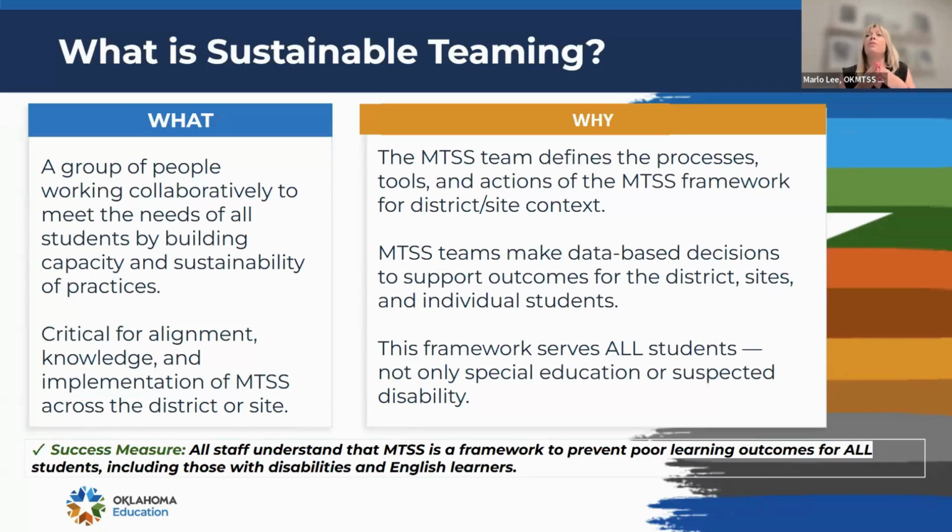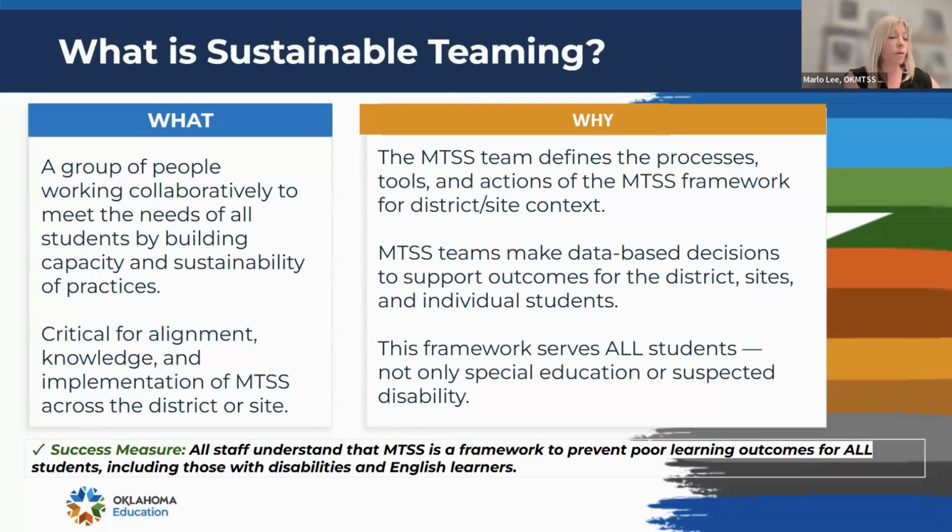The MTSS team defines the processes, the tools, and the actions of the MTSS framework for districts and sites. MTSS teams make data-based decisions to support outcomes for districts, sites, and individual students. And the framework serves all students, not only our special ed students.